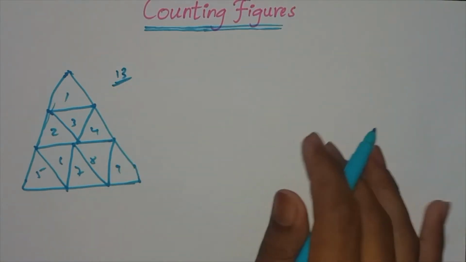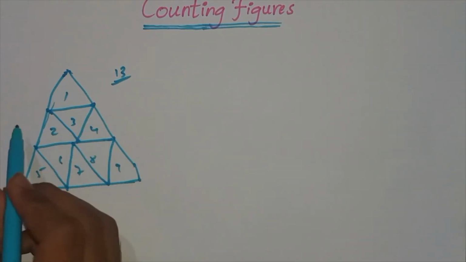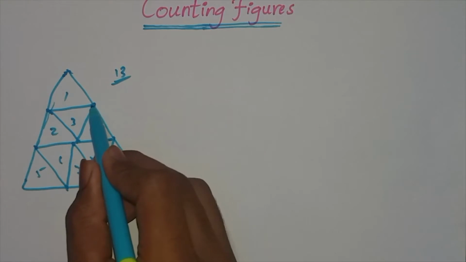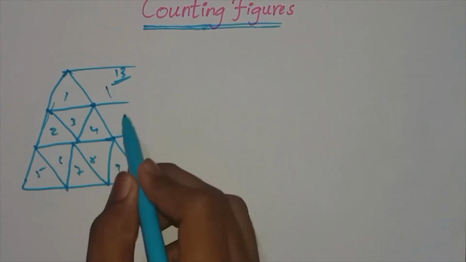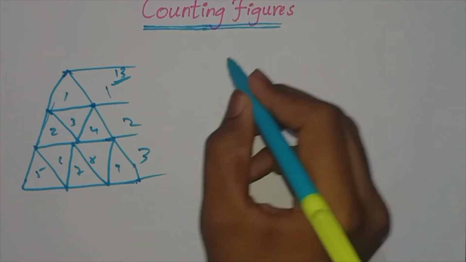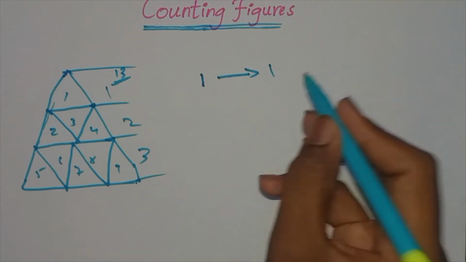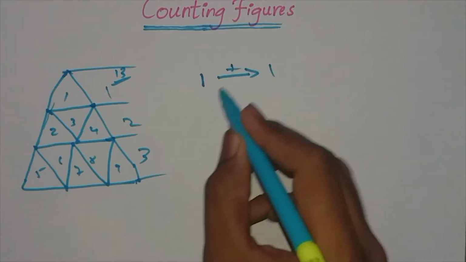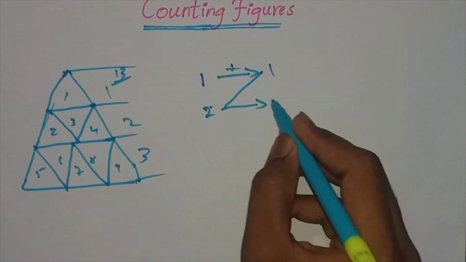How will the shortcut work? The shortcut is to make it into divisions. Consider this as the first division. So there are three divisions, right? Write numbers like this.